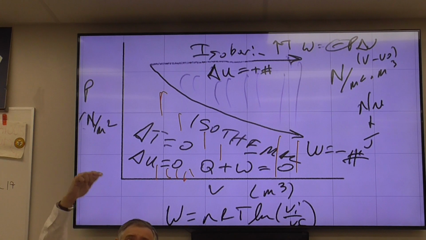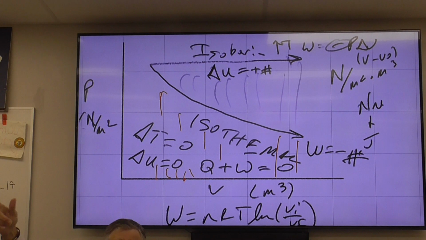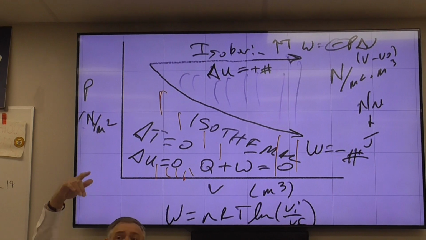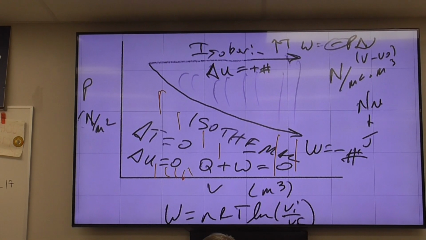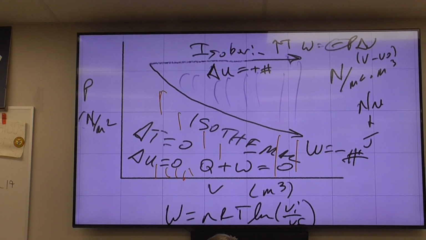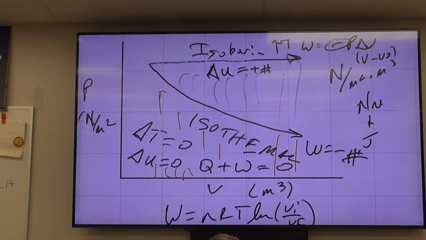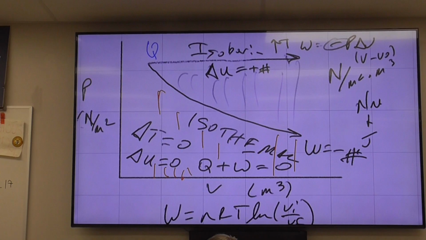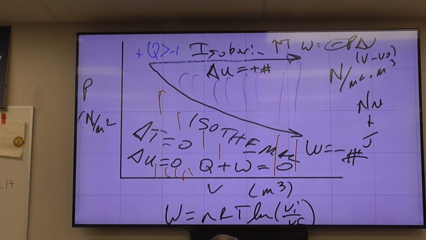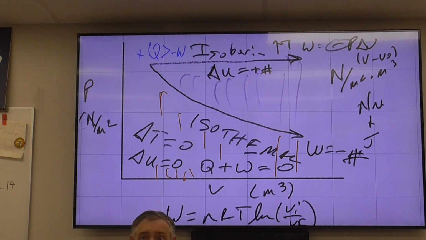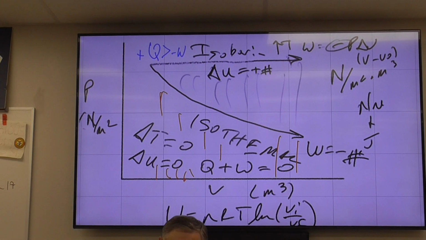The only way that can happen is if you increase the temperature. So I have an increase in temperature, I have a positive delta U. That means that in this situation, my positive Q is greater than my negative work. That's the only way that I can generate a positive delta U value.